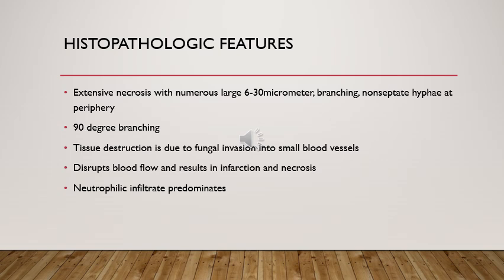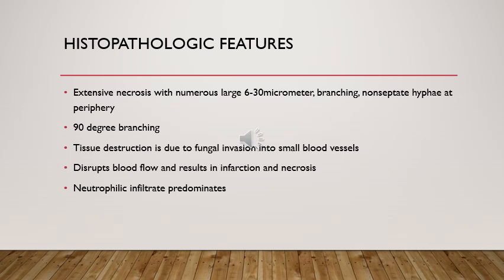Out of all the fungal infections like candidiasis and aspergillosis, this has one of the largest and thickest hyphae, measuring roughly between 6 to 30 micrometers in diameter. The hyphae are branching, and you do not have septae on the hypha. The body surface does not show any divisions. It is a non-septate hypha, and it has a very unique feature of 90-degree branching. That is, the branching of the hyphae occurs at right angles.